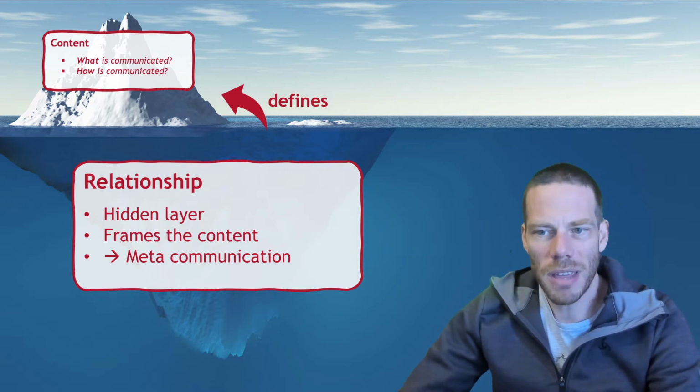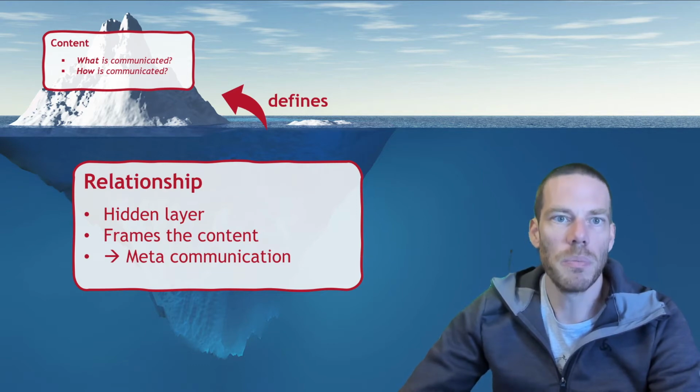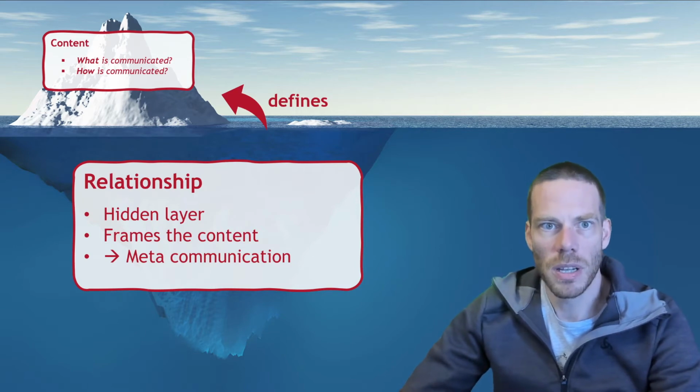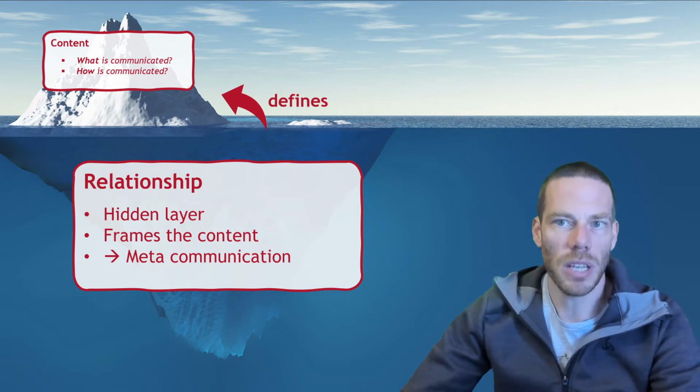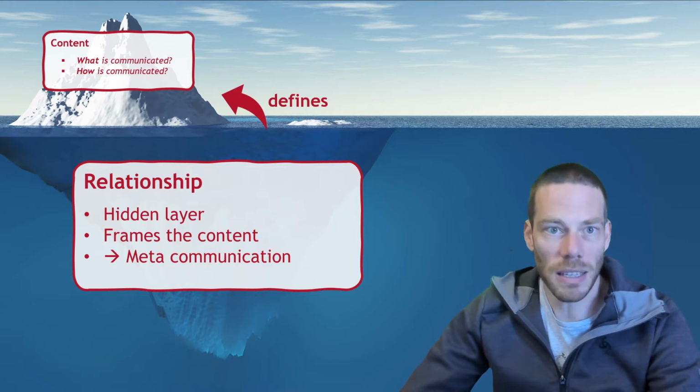The important thing now is that the relationship that is established between the sender, like the trainer or the teacher, and the audience frames the content. Depending on your relation, the communication of the content will differ. It's interpreted differently. You're giving it a different setting.